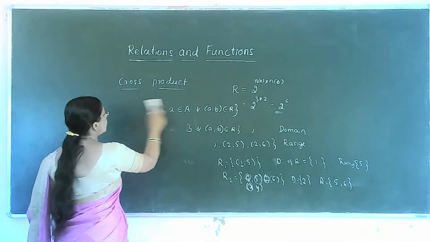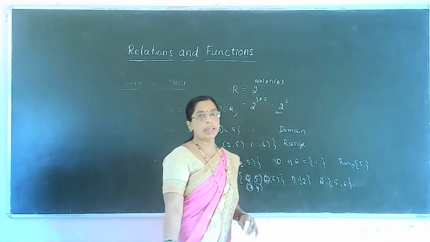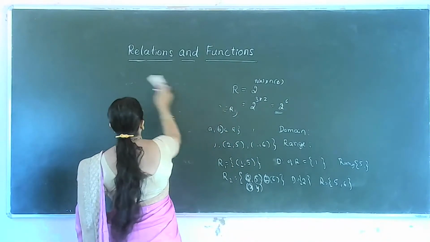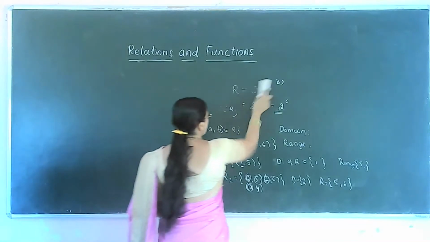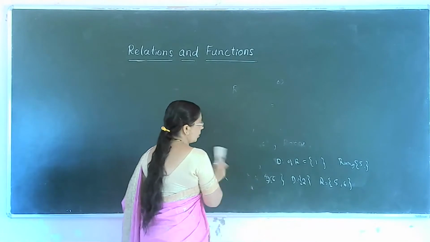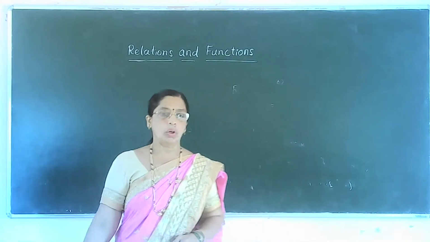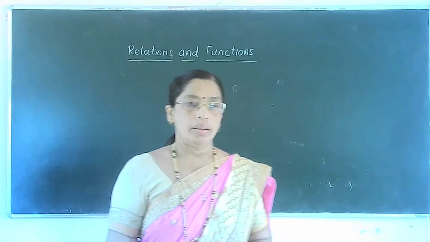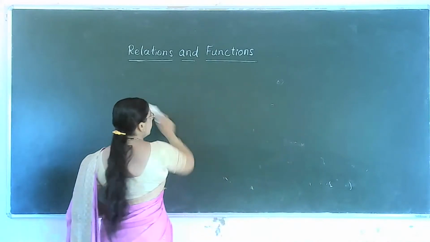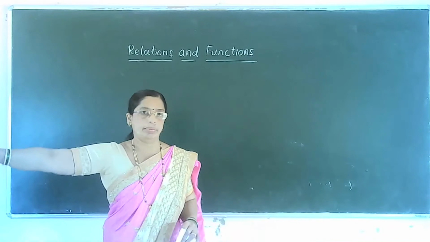In this chapter, we studied some types of relations. Somebody asked the number of types of relations: 6 or 5 or 7. Do not bother about the number of types. Only understand the names of the relations and what each relation is.